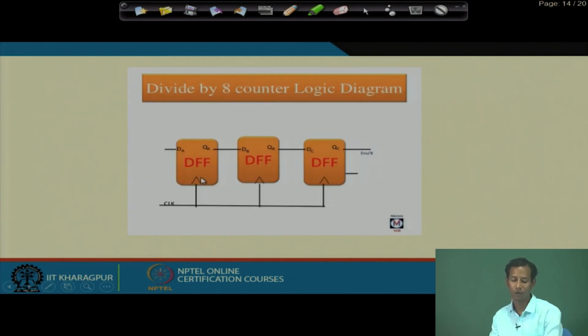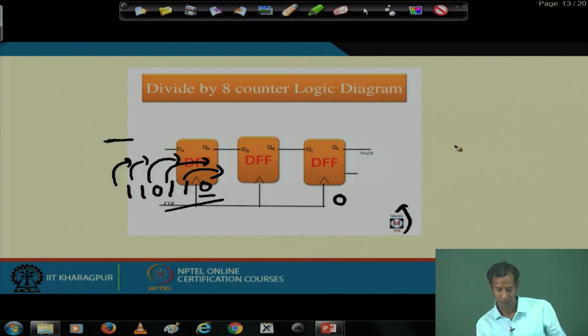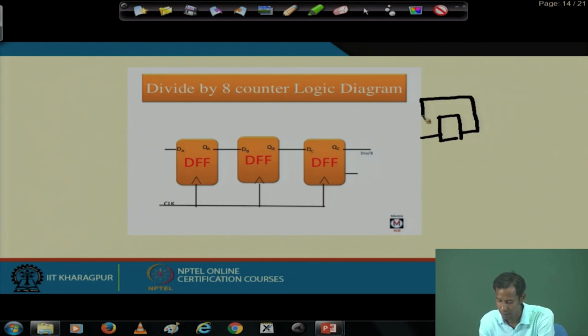So, you will be having the clock signals, and the output from that will be the clock signal to the next one.